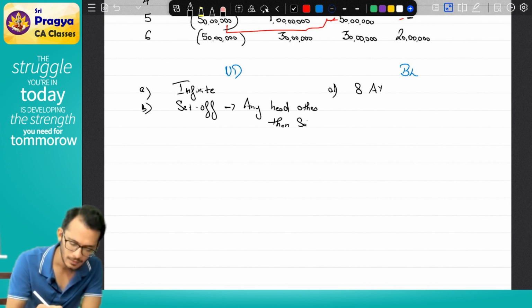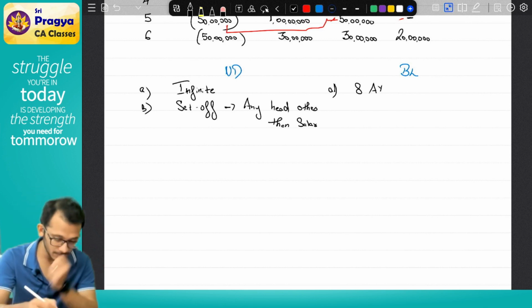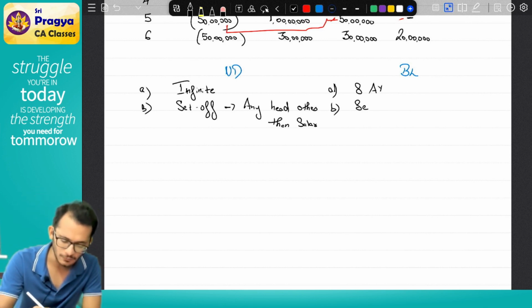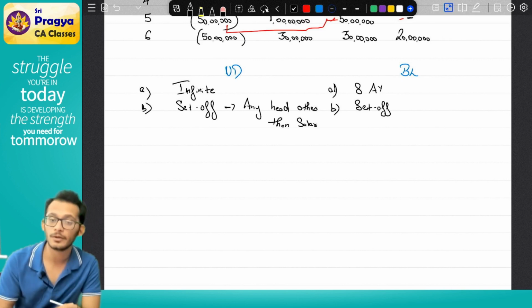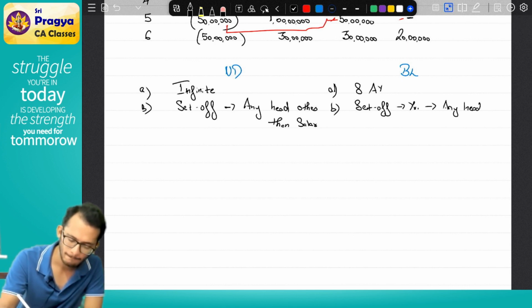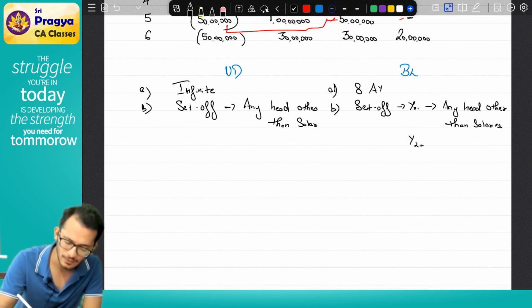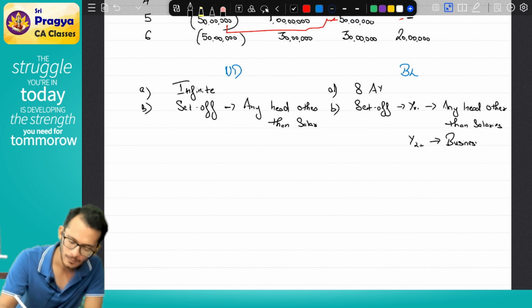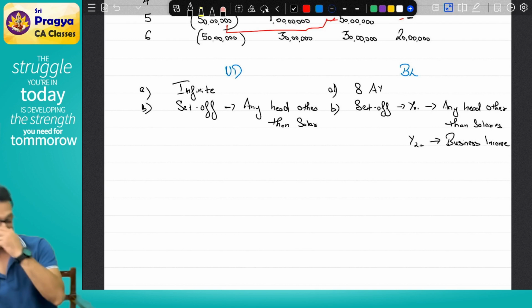Under business loss, they say that in year 1 you can set off against any head other than salaries. In all subsequent years, you can set off only against business income.